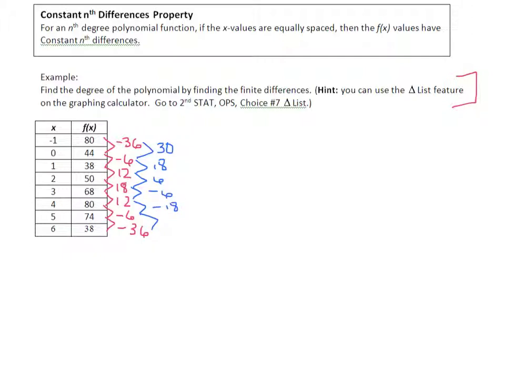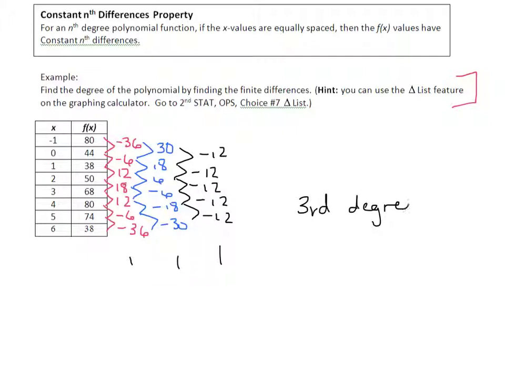And negative 36 minus negative 6 is negative 30. So then I have to do my differences again, and I have to keep going until it's constant. Lucky for me, that happens right now. So I did this process 3 times, which means that this is a third degree polynomial.